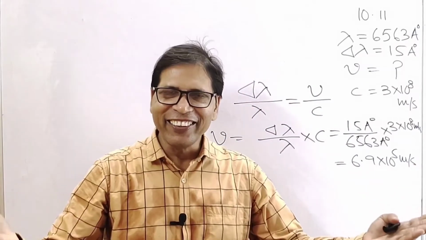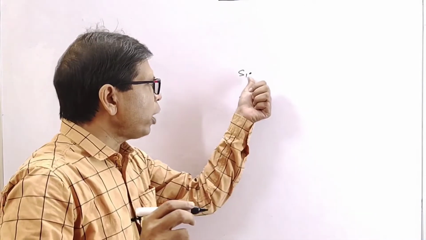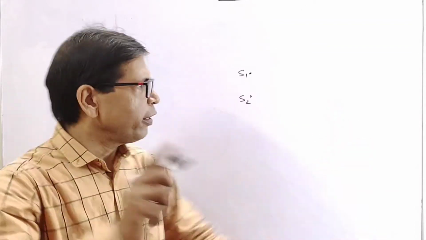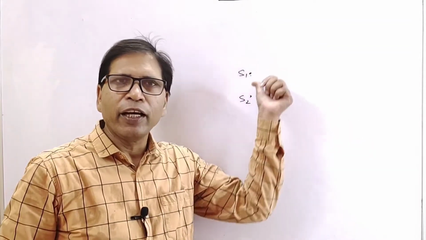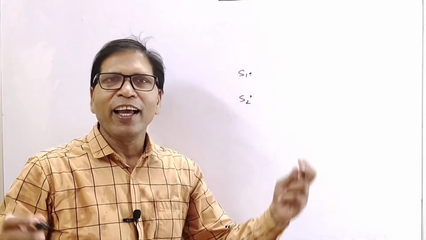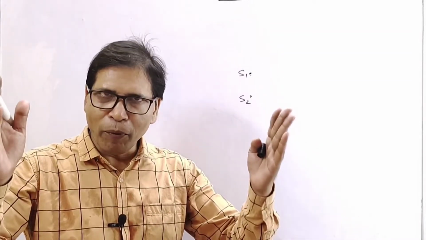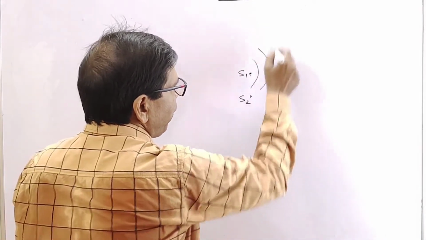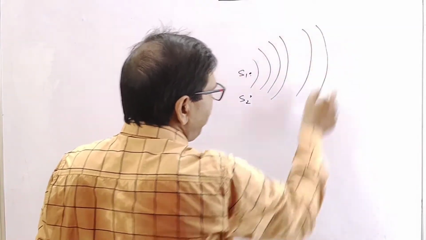Okay, understood? Now next, interference. Suppose two sources S1 and S2 send out light waves in all directions. They have same frequency, constant phase relation and equal or almost equal amplitude. So look at this, these waves are superposed in the medium.